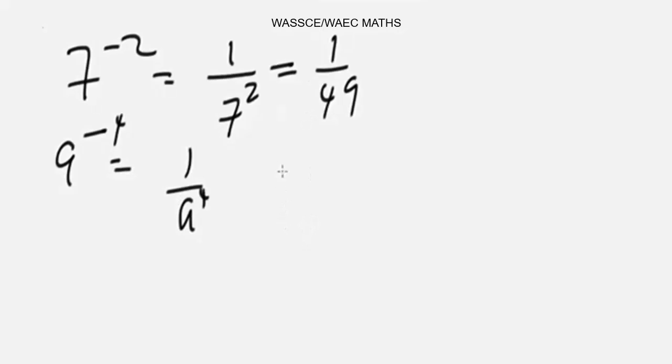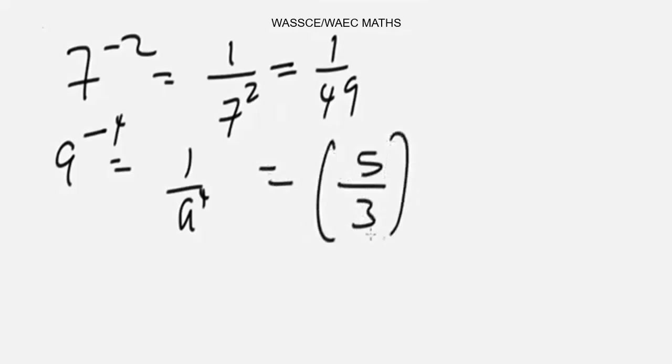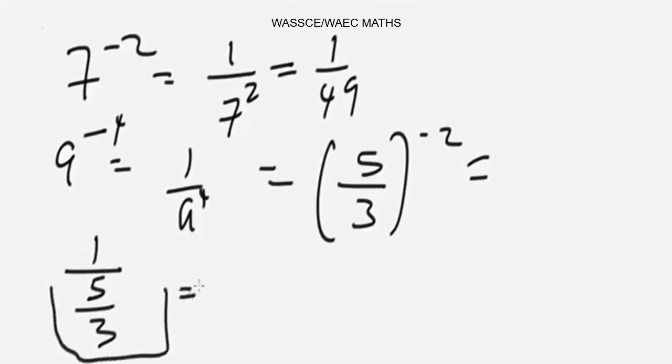Let's say we have something like 5 over 3, bracket close, and we have negative 2 aside. Now, to simplify this problem, firstly, this is the same as 1 over 5 over 3. Another way you can express this value is 1 divided by 5 over 3.